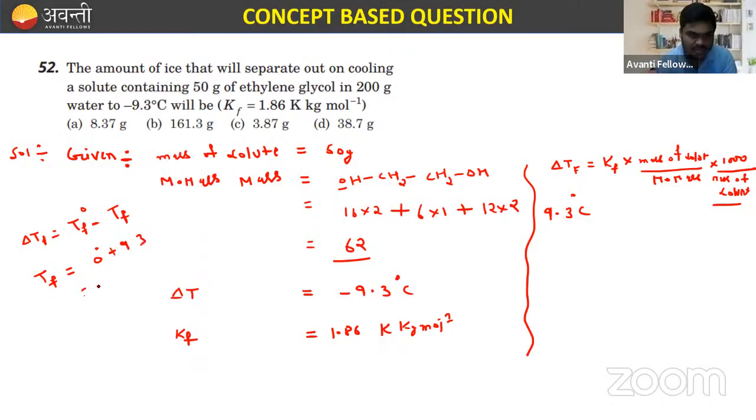Minus minus will become plus, so it will equal 9.3 degrees Celsius. So this is the freezing point depression of the solution.